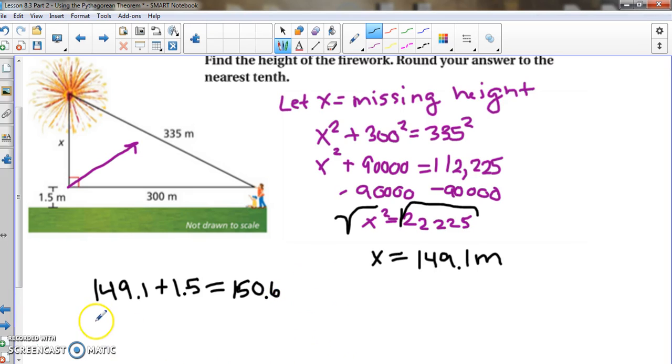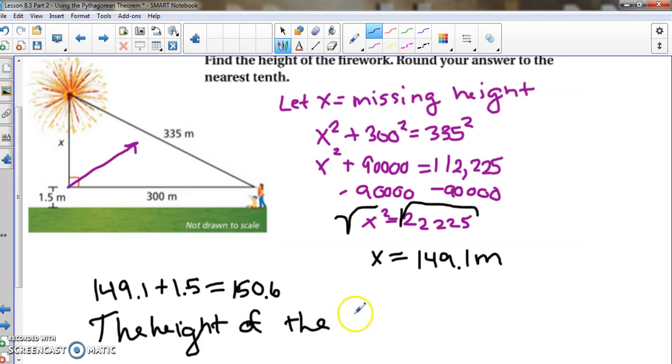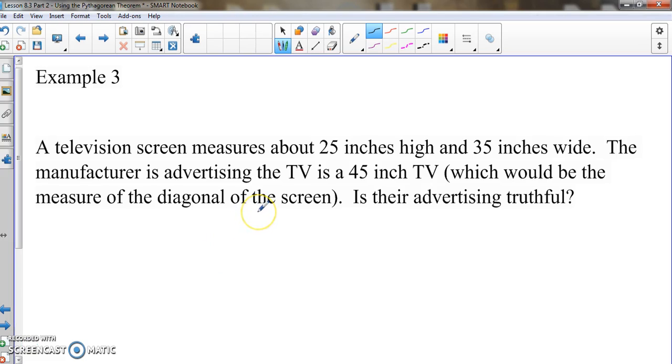We're just going to write our answer in a sentence. So we're going to say the height of the firework is 150.6 meters.